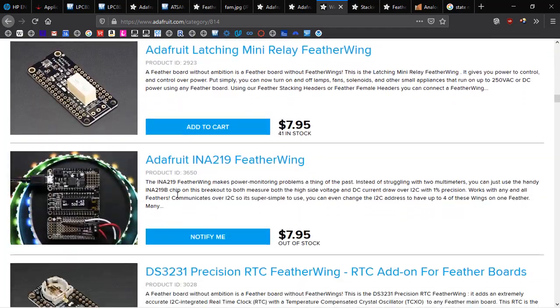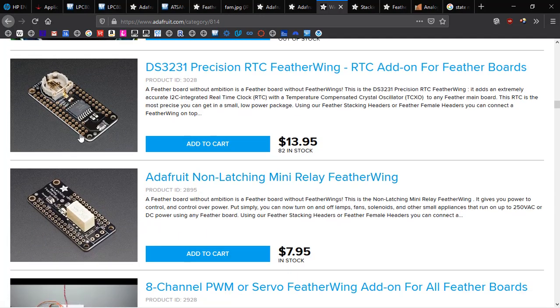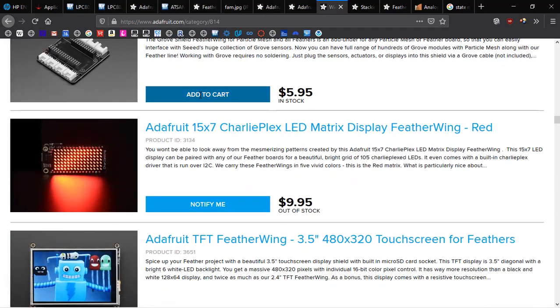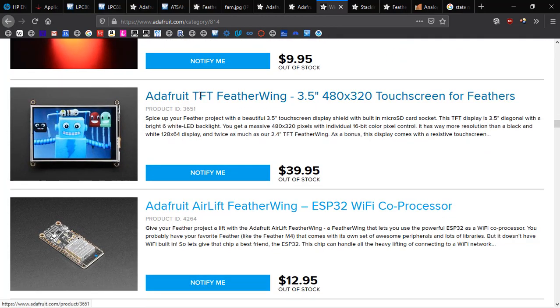There's another relay. There's a clock module. You can use it for keeping accurate external time. There's an LED matrix. And here's an example of a display. So you can actually use a real graphics display.